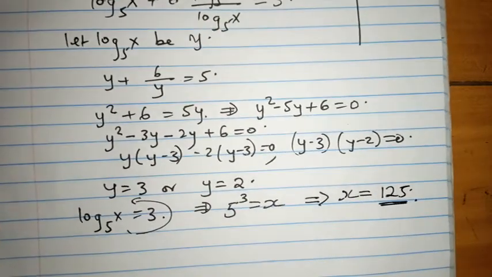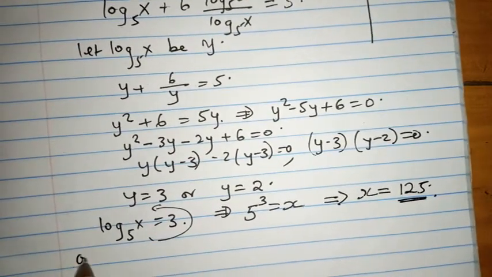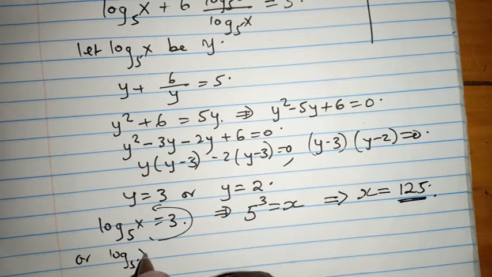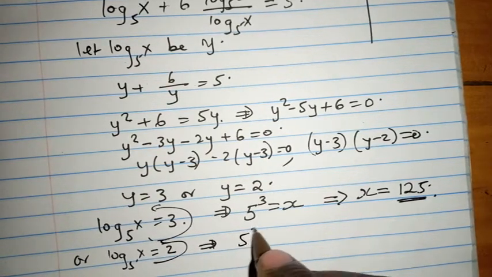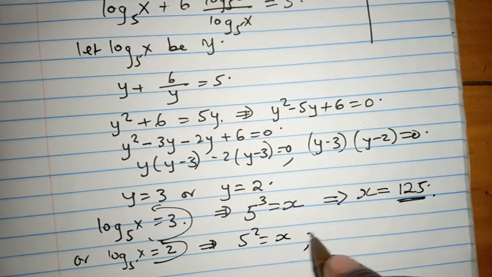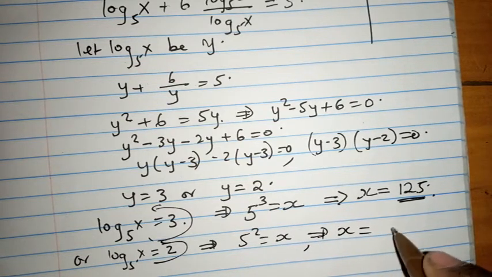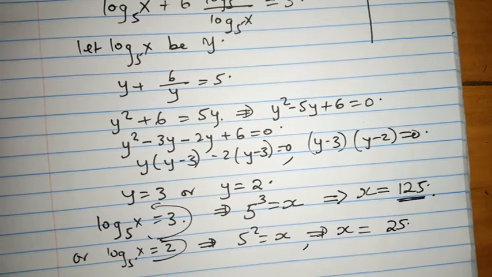That is one possible value. Or, the other value of y can be 2. And it follows that, again, the anti-clockwise movement, 5 squared is going to be x, and it follows that now x is 5 squared, which is 25.